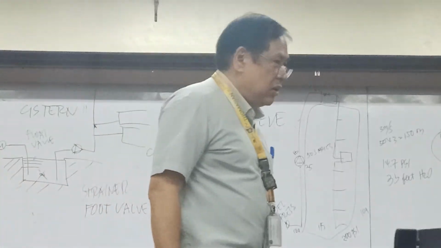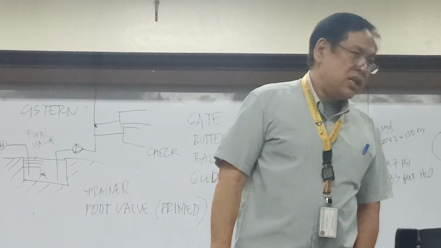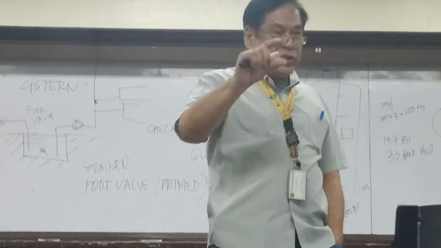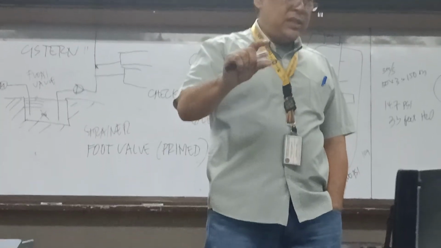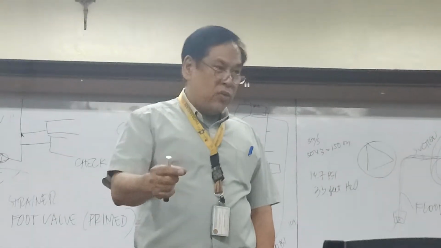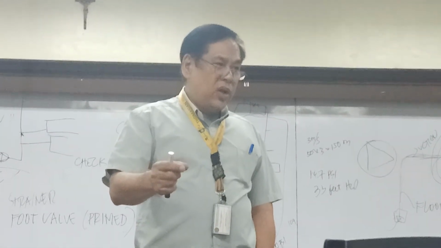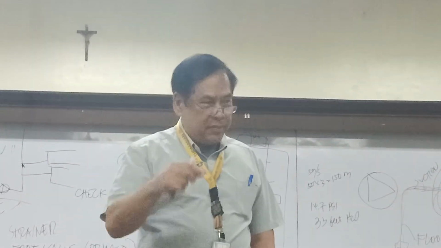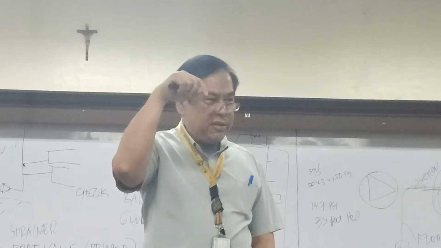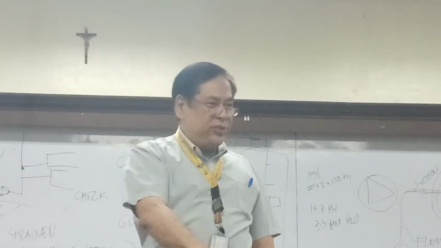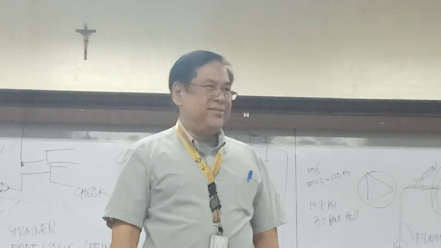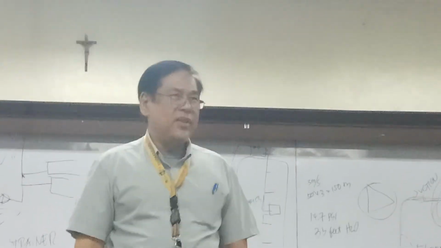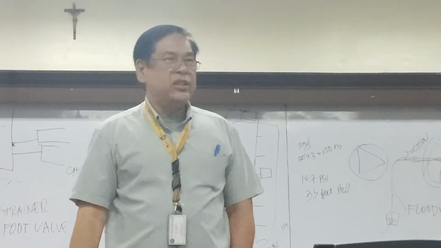So by putting a reducer, you're not affecting the head because the head is the same. You're just restricting the flow. So, ang papatak dyan dun sa baba, patak-patak at 200 PSI. What's a regulator?